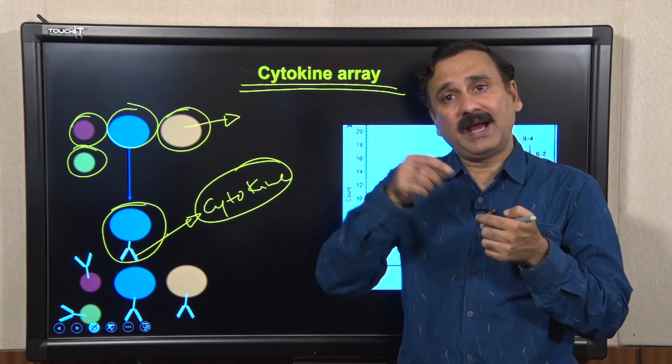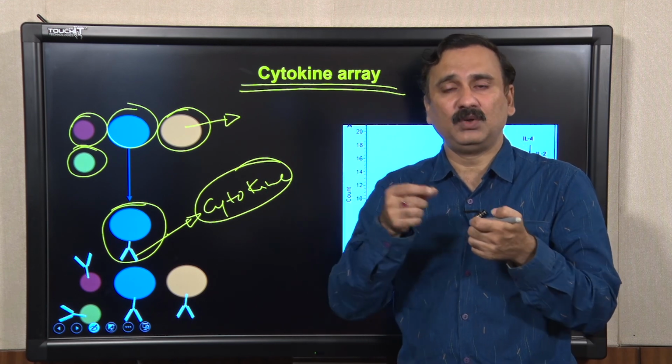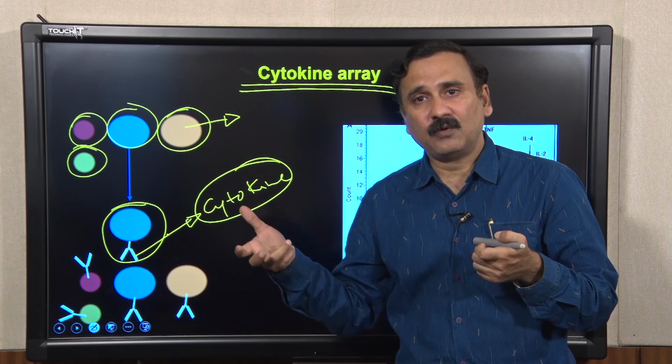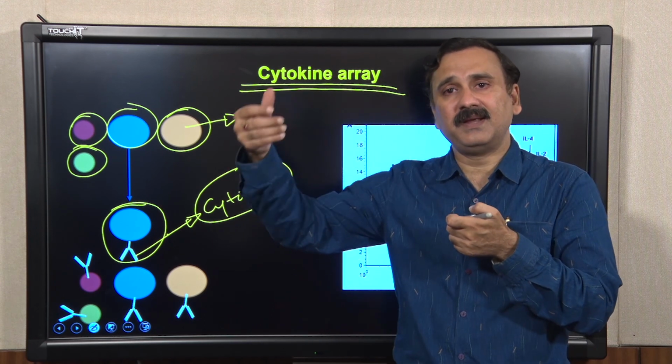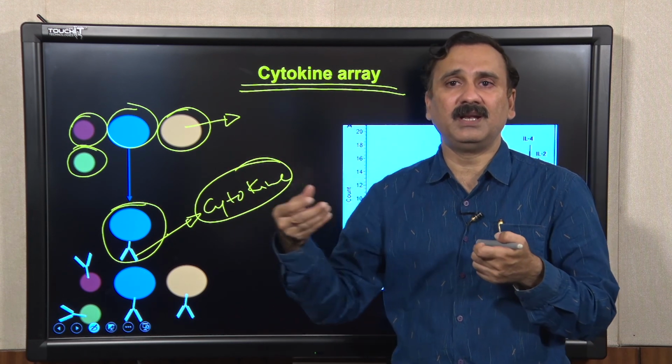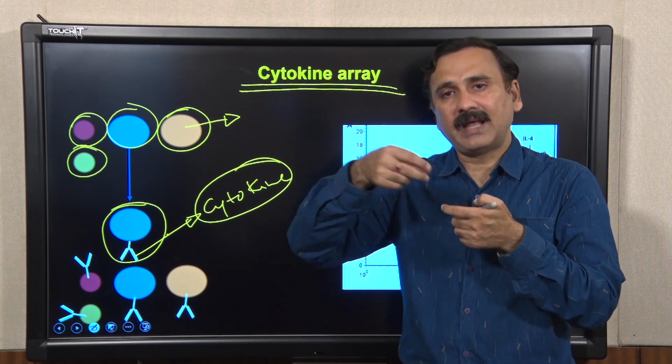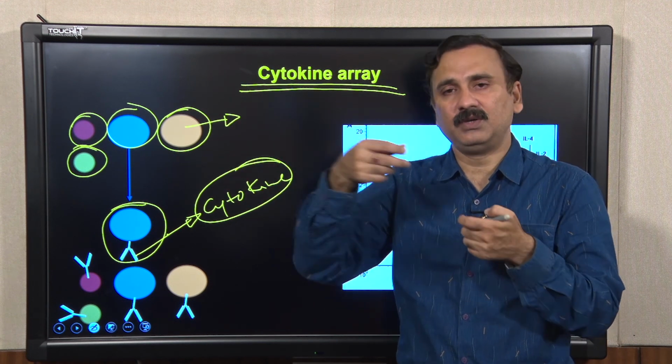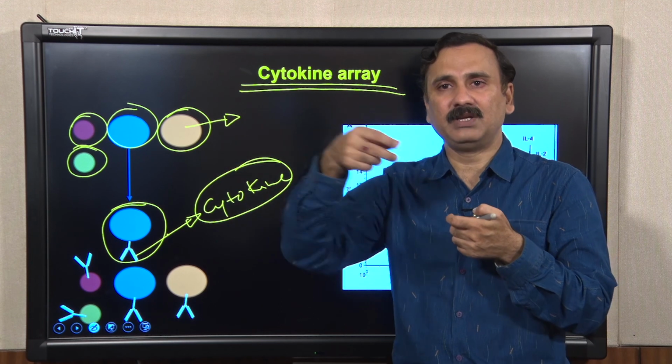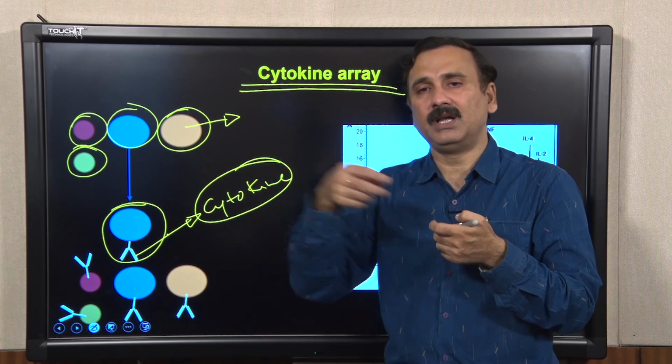So, you have beads of different sizes, with different fluorophores, and all of them are tagged with different antibodies. You can have antibodies for TNF alpha, antibodies for IL-1 and so on.